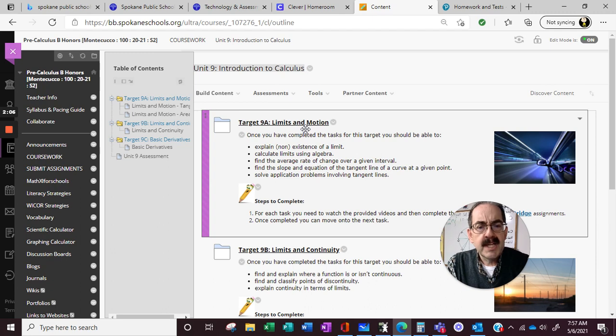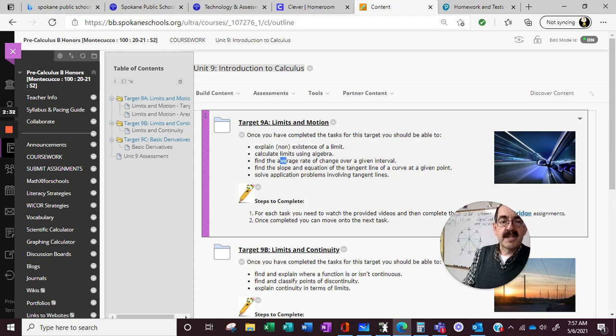We have limits and motion. What is calculus? The analysis of rate of change, the slope of the line, and what does it mean as we accelerate or decelerate? What's the velocity at each of those points, as we come to a stop, or as we approach cruising speed, what happens to the slope of the line?